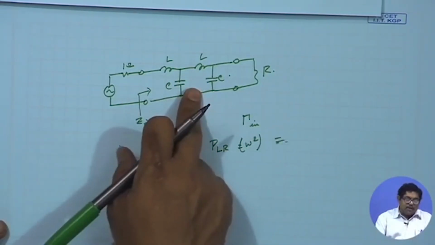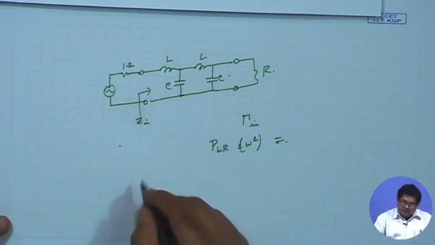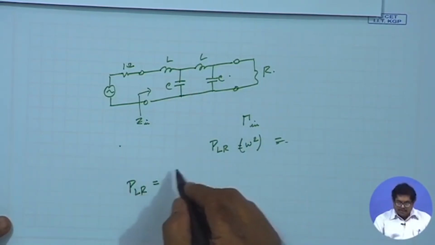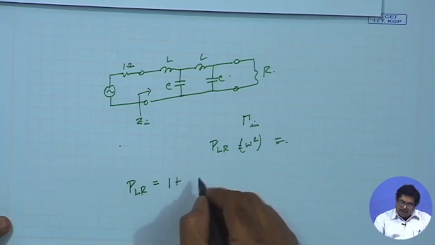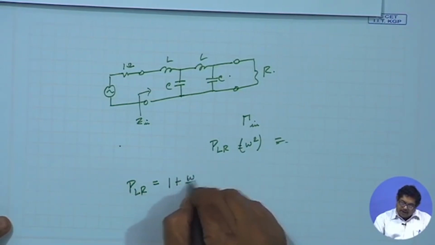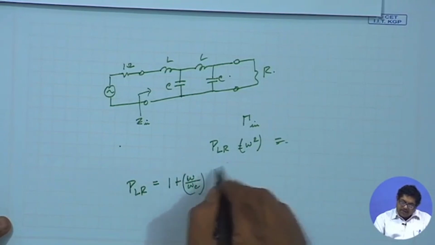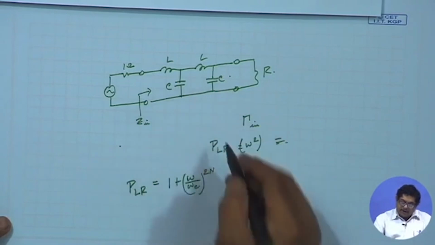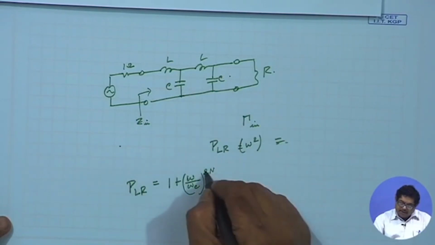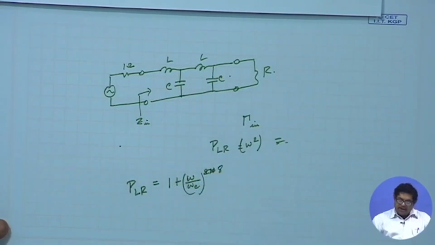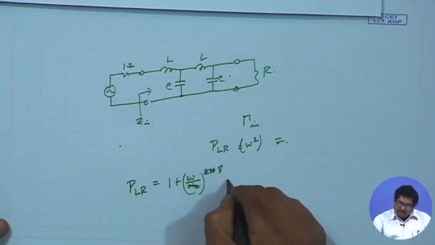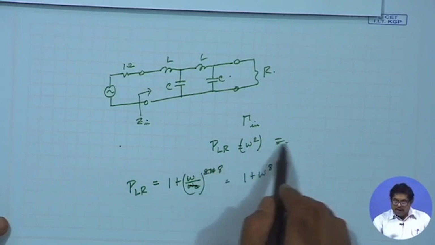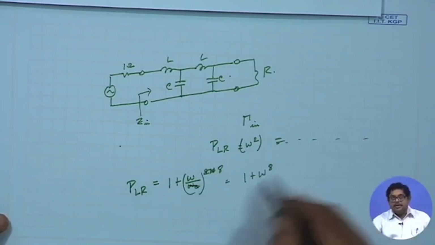and I know that if I have n is equal to 4, what will be the PLR specification from the Butterworth. That I know will be 1 plus omega by omega c whole to the power 2n. So, depending on n, n is equal to 4 means it will be 1 plus omega by omega c to the power 8, omega c is 1. So, it is 1 plus omega to the power 8. So, you will have these expressions here, you compare.